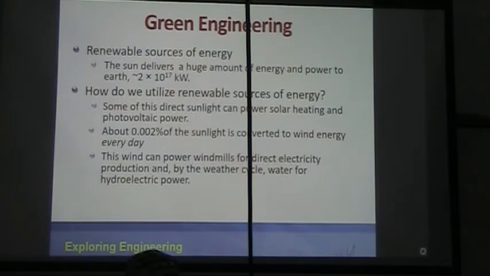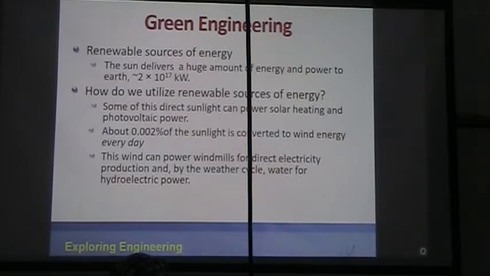All right, so how do we use these renewable sources of energy? The direct sunlight we can use to make solar heating and photovoltaic power.